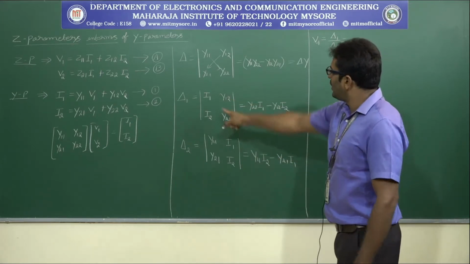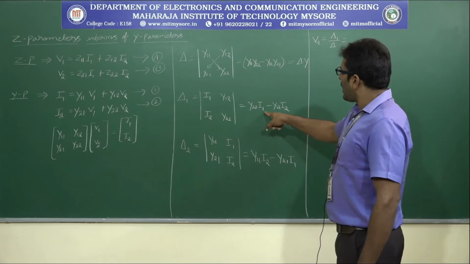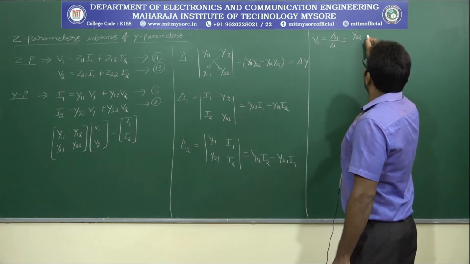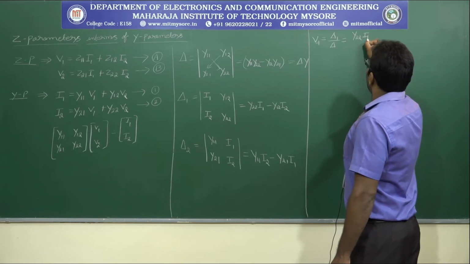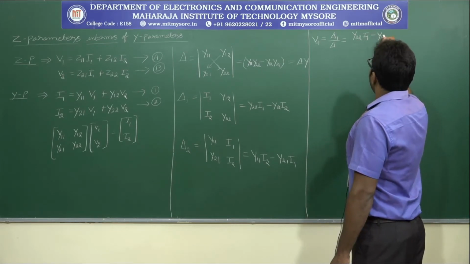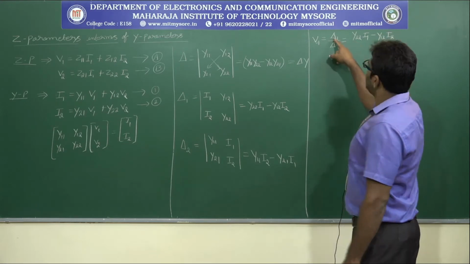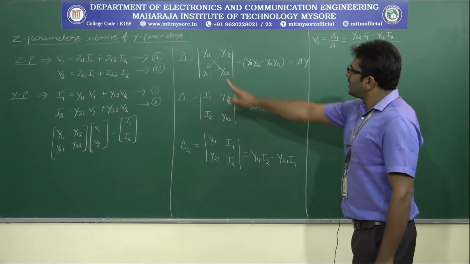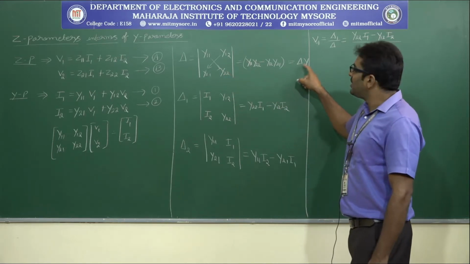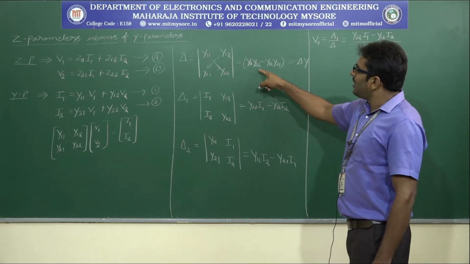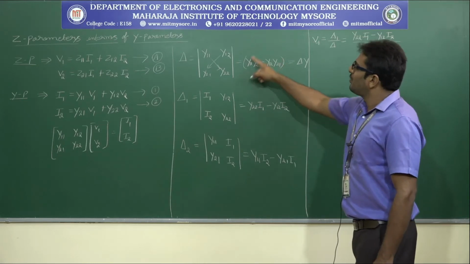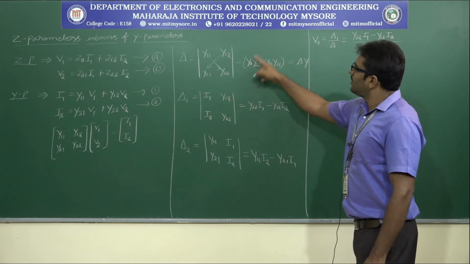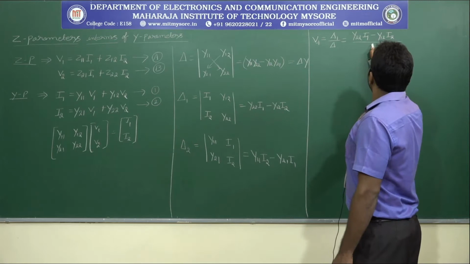Delta 1 is Y22 I1 minus Y12 I2, and the whole thing is divided by delta, which is delta Y. Delta Y is Y11 Y22 minus Y12 Y21. Instead of writing this out, we know delta Y is this expression, so directly substitute delta Y.